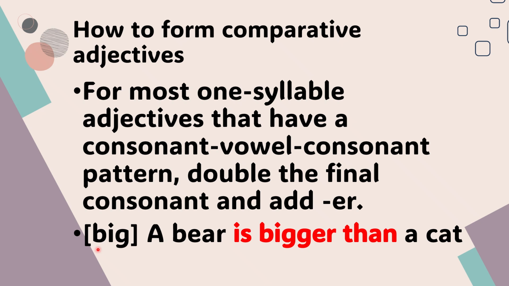B is a consonant, I is a vowel, and G is a consonant. So consonant, vowel, consonant, so we double the last consonant, the letter G. Bigger. A bear is bigger than a cat.